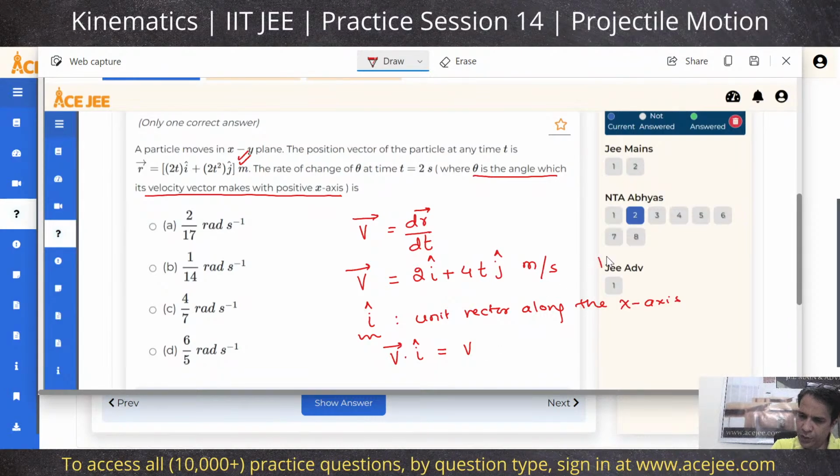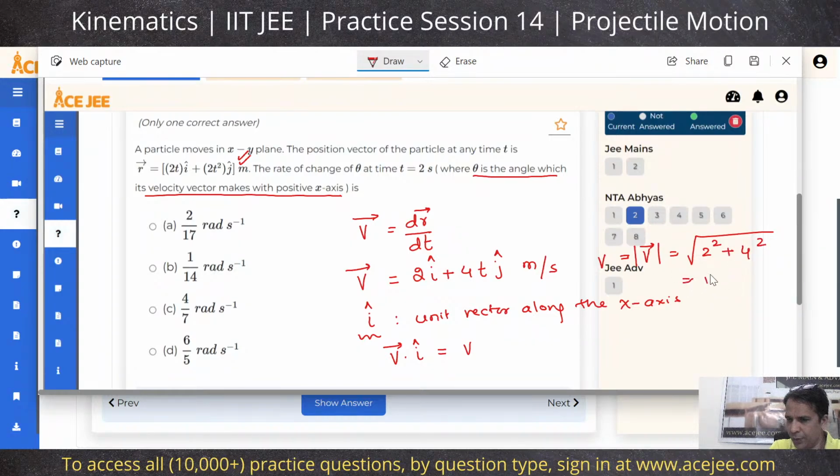We can write that as the magnitude of the velocity. And what is the magnitude of the velocity? By the way, magnitude we can write simply as V without the arrow at the top, or you can also write it as the mod of the vector. This is equal to square root of the x component square, Vx square plus Vy square.